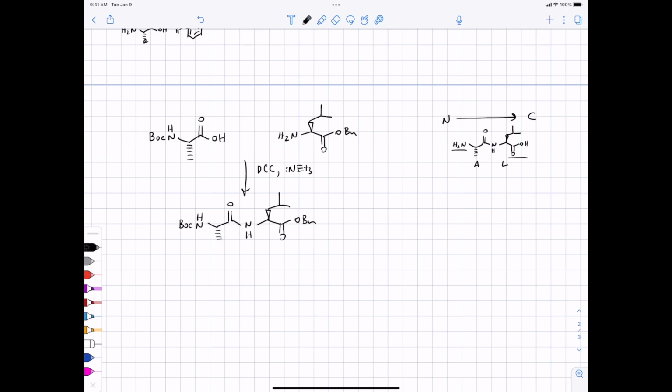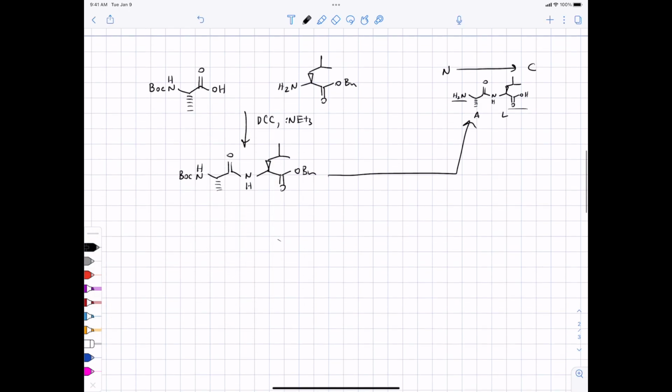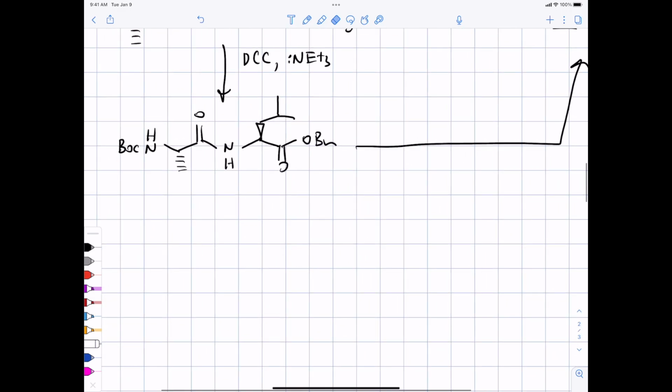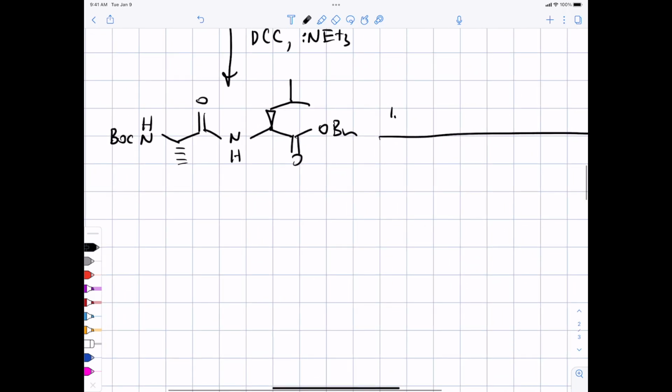Now my only problem is my final goal was the dipeptide, but I now have these protecting groups on there. So what do? Well, I can remove them. Pretty straightforward. It probably doesn't matter which order I do this in. If I wanted to remove the benzyl ester, I would use hydrogen and palladium on carbon.